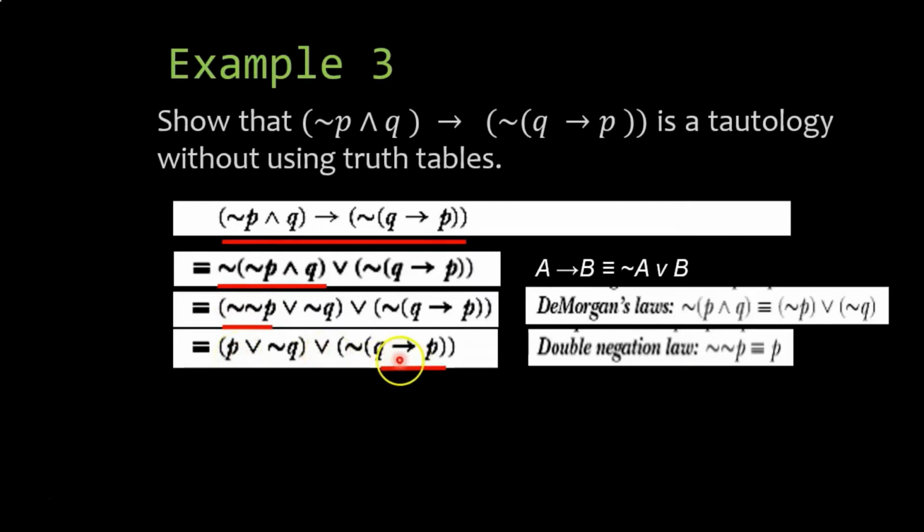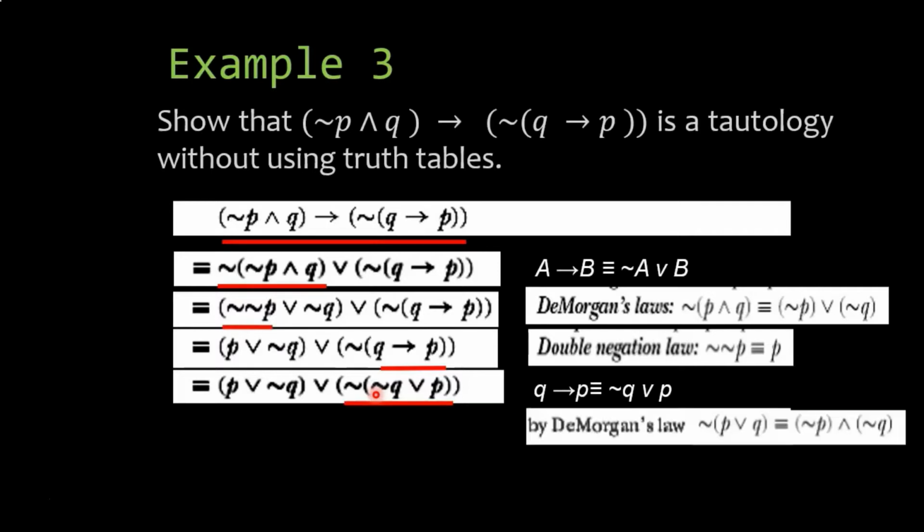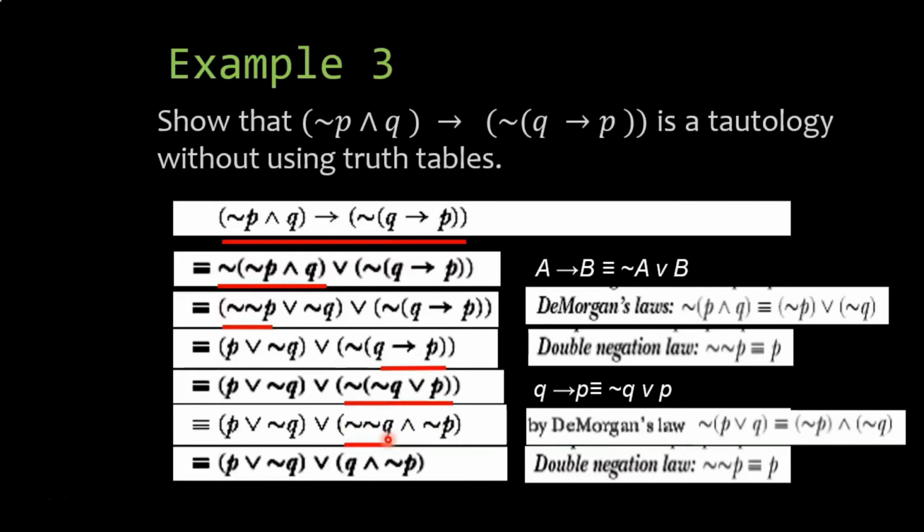And then we solve another arrow using the same method into not Q or P, which becomes this one. Then we solve another negation outside the bracket using De Morgan's law to get this one, and apply double negation to convert the double negation of Q into Q, so you get this line.